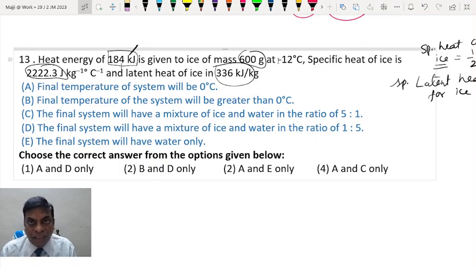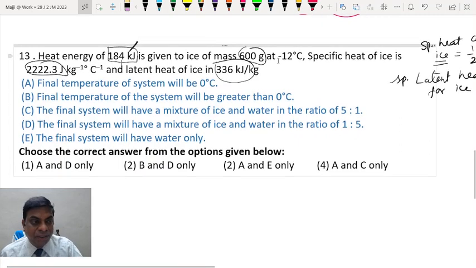That is equivalent to saying that you are giving 1 calorie to 1 gram. So I'll be reducing the parameters to 1,000th of the given values.